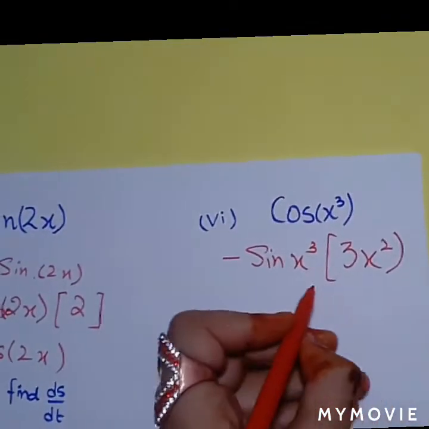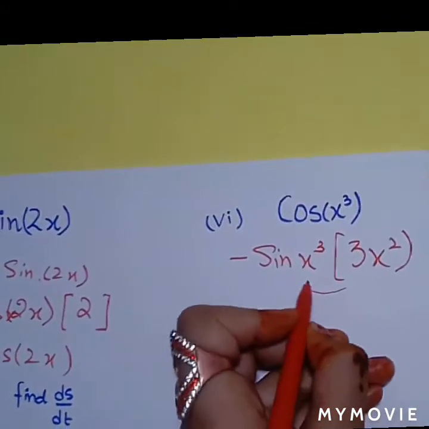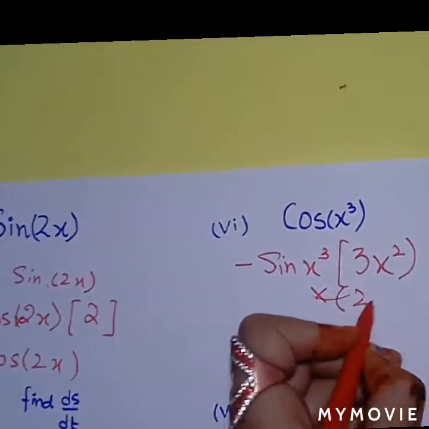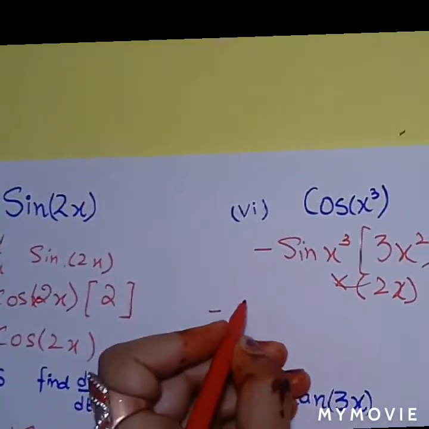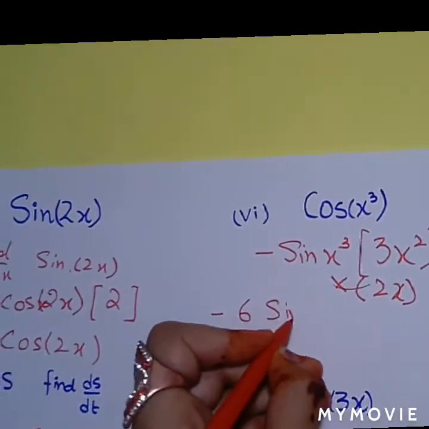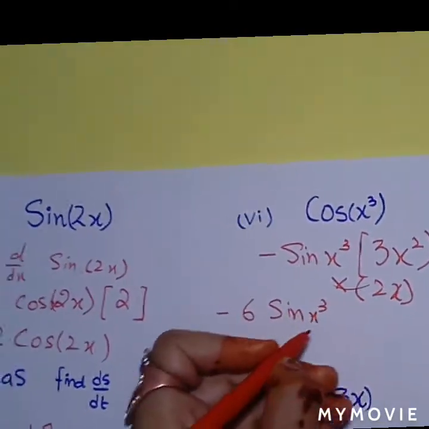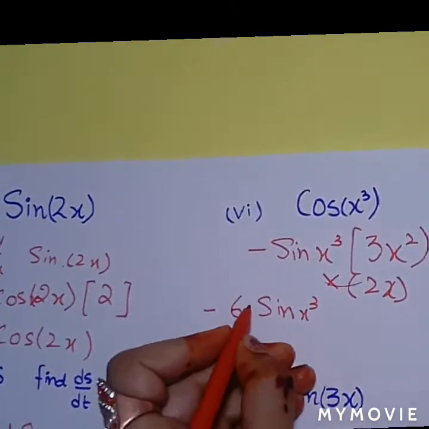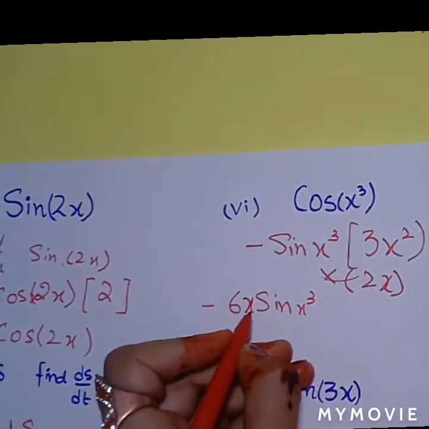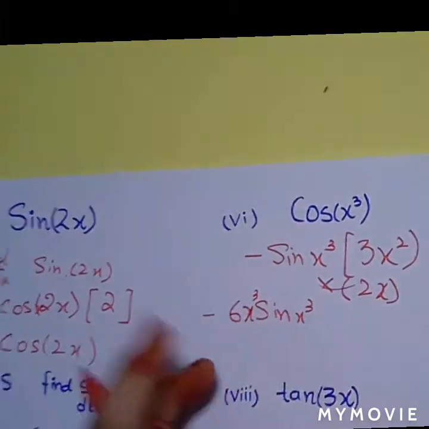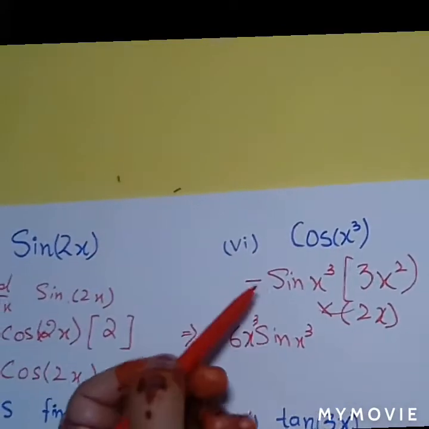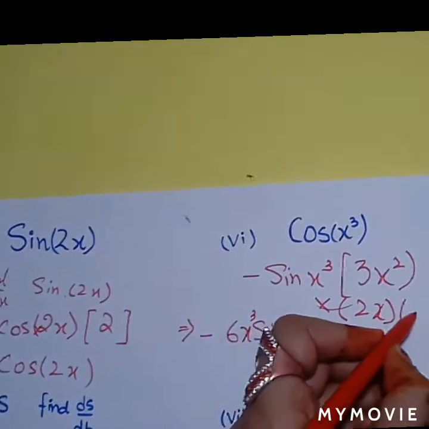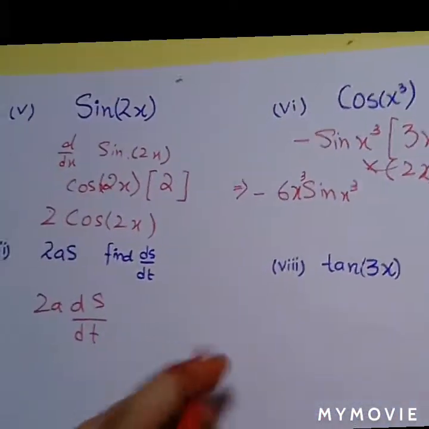Multiplying with it, we write it as minus 6 sine cube of x and x square, by rearranging.